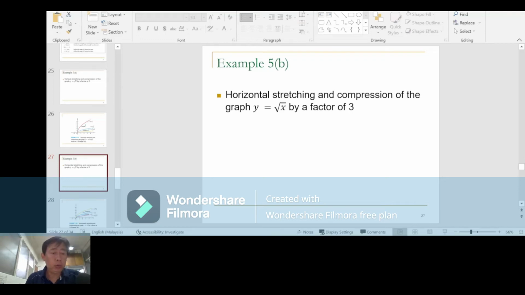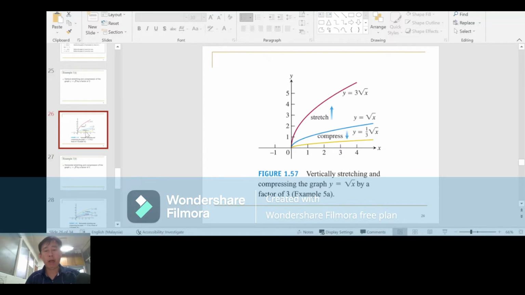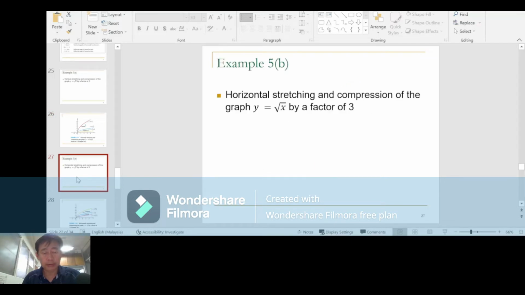In this video, we are going to discuss the compression and stretching of a function. In the previous video, we talked about how to stretch and compress a function horizontally. Now we are going to discuss how a function is compressed and stretched vertically.